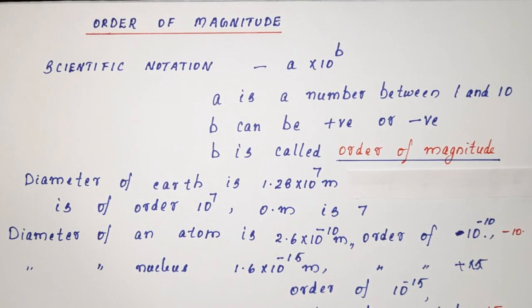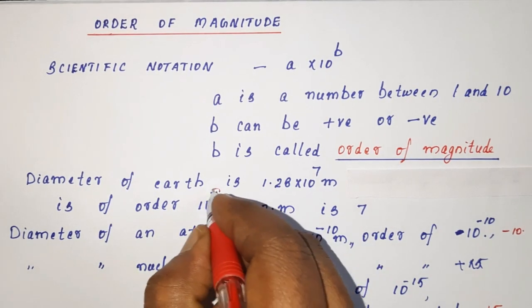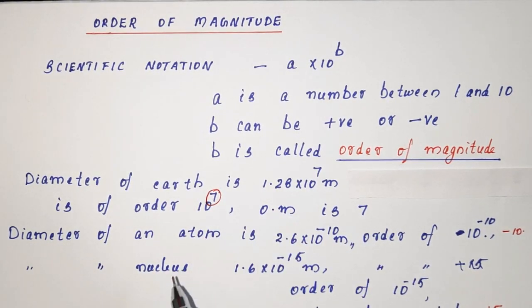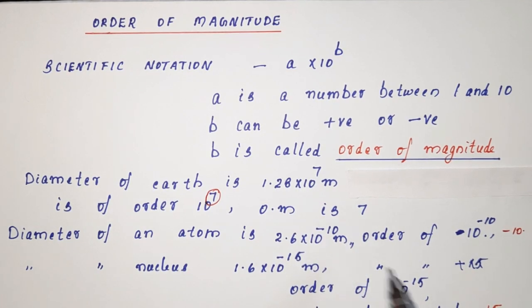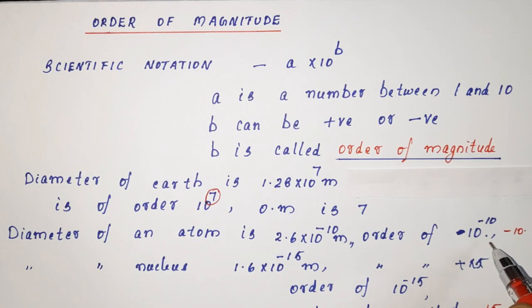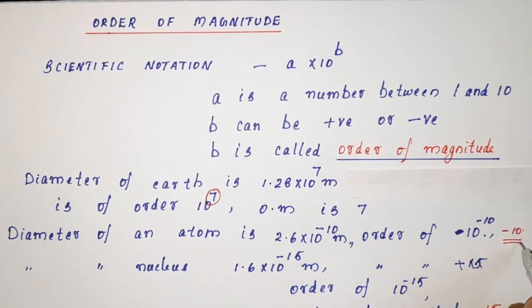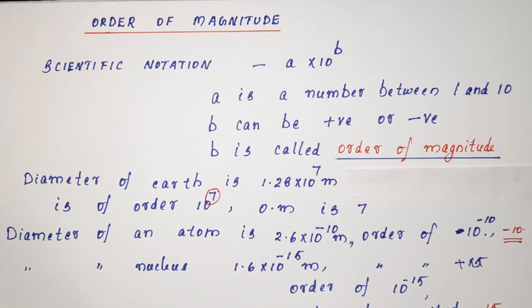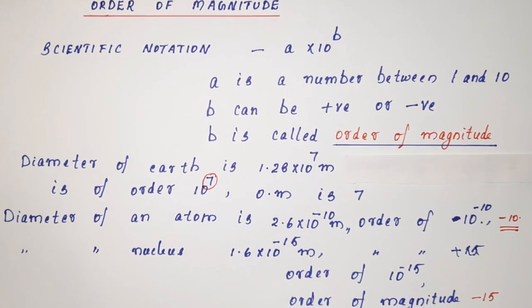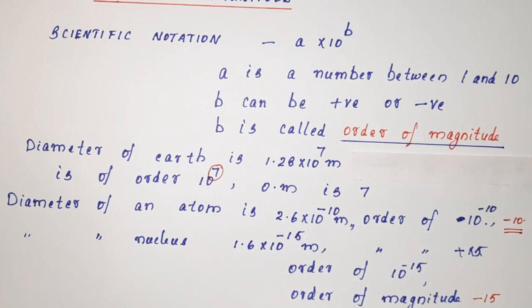So what comes as the power of 10, that power we write as the order of magnitude. The diameter of an atom is 2.6 into 10 raised to minus 10 meter. So it is of the order 10 raised to minus 10 and the order of magnitude is minus 10. The nucleus of an atom is 1.6 into 10 raised to minus 15 meter, and it is of the order 10 raised to minus 15 and the order of magnitude is minus 15.